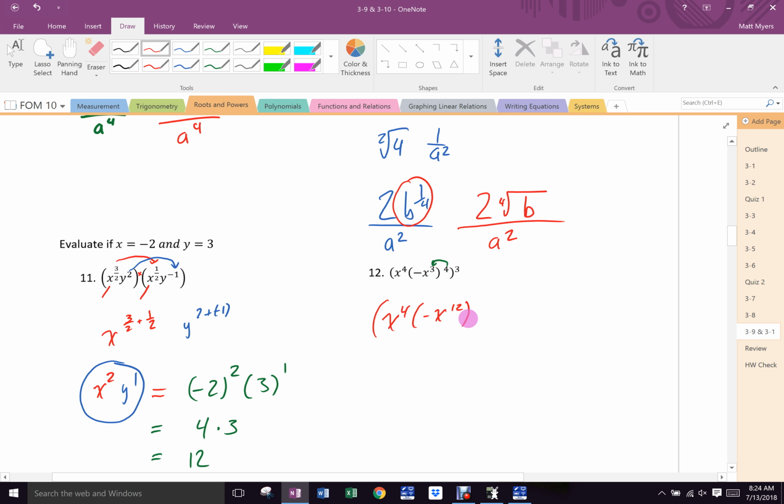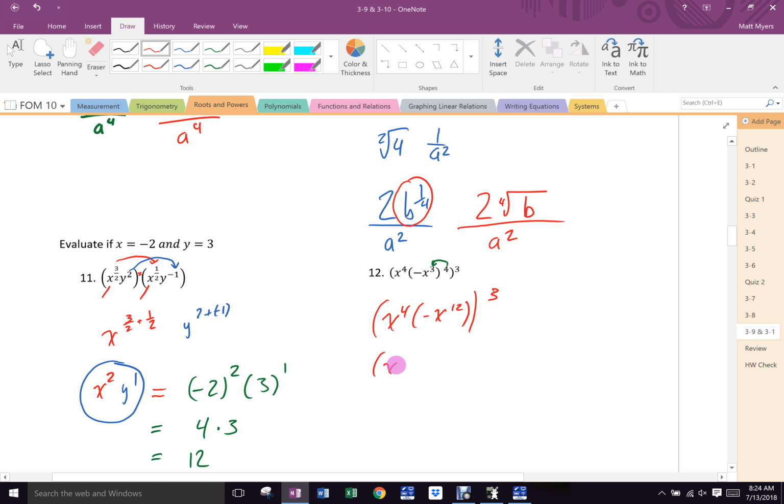The 12th. All that cubed. Everyone agree? Now, negative x to the 12th. Negative is going to go an even number of times. What will that do to that negative base? It will make it positive, correct?